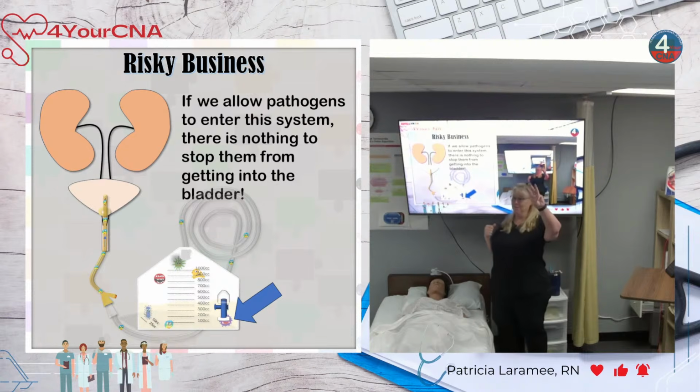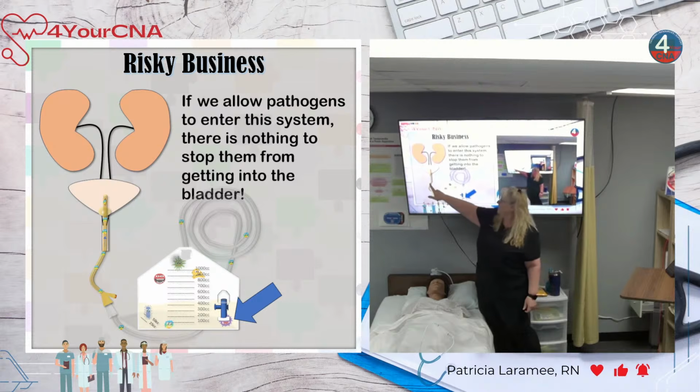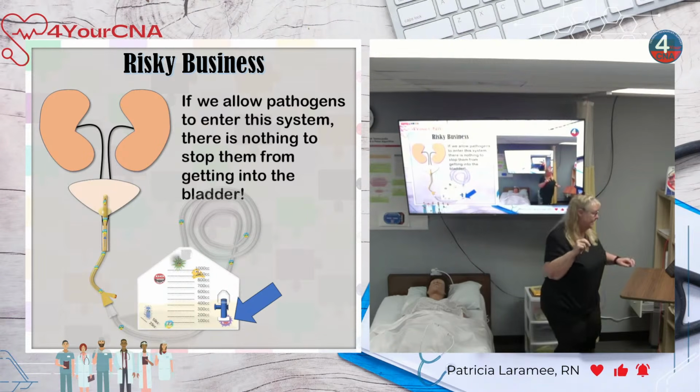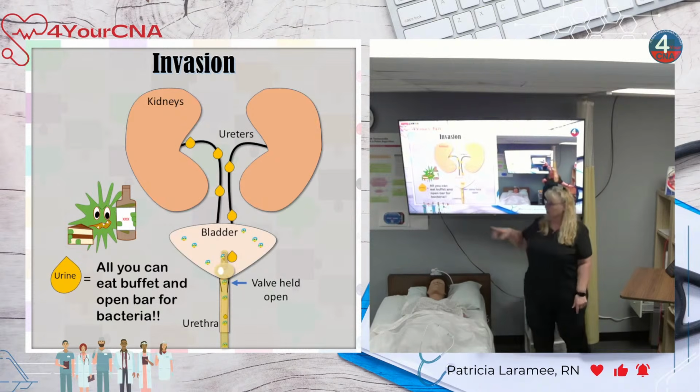Warm, dark, moist, all-you-can-eat buffet and open bar. Life is good for these bacteria. They're really going to start procreating like crazy, and they're going to keep climbing, and by the time they jump out of those holes into the bladder, there are trillions of them.